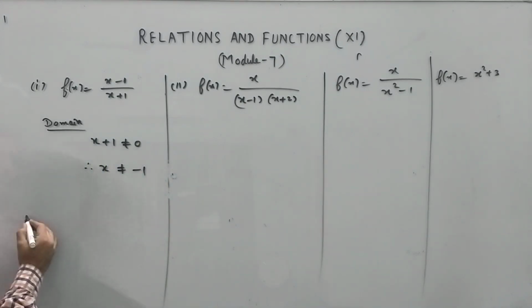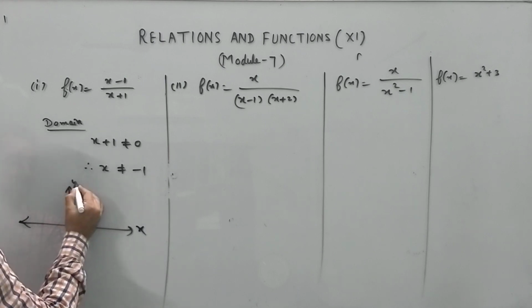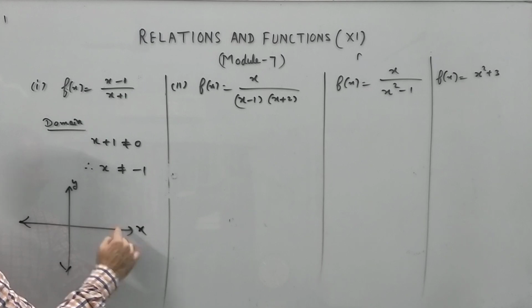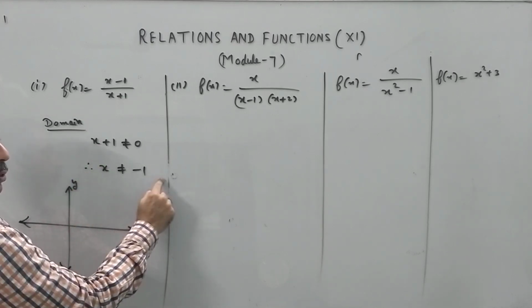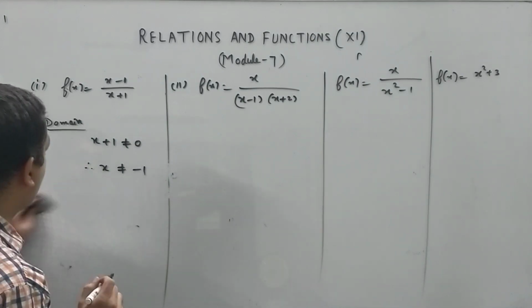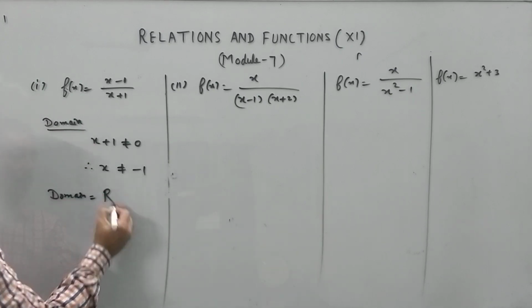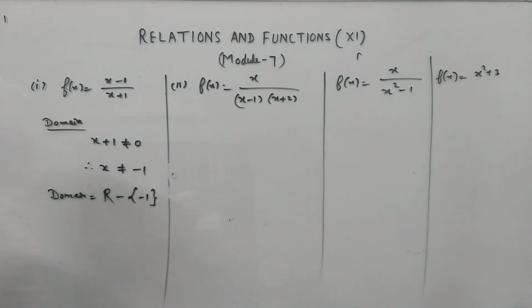Now what is domain? See this. This is the x-axis, this is the y-axis. This is called domain, the x-axis, and this is range. Now here, x should not be equal to minus 1. It means domain is all real numbers except minus 1.